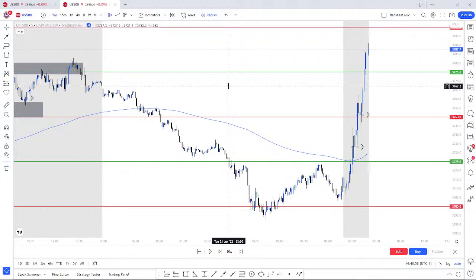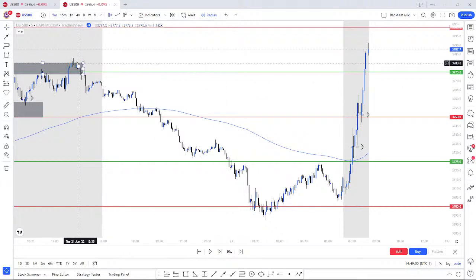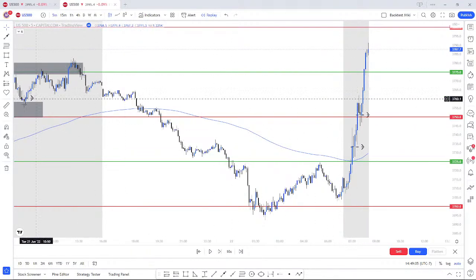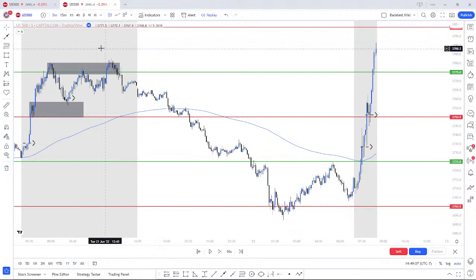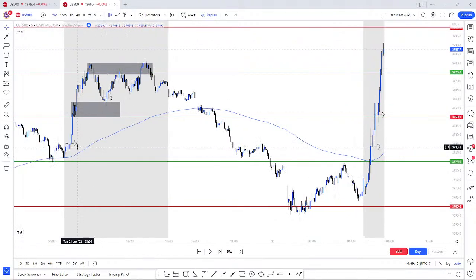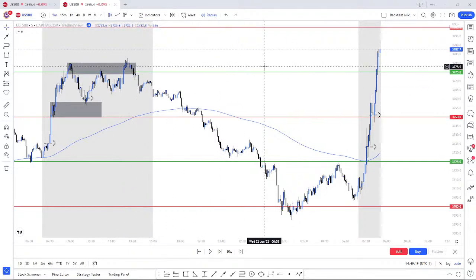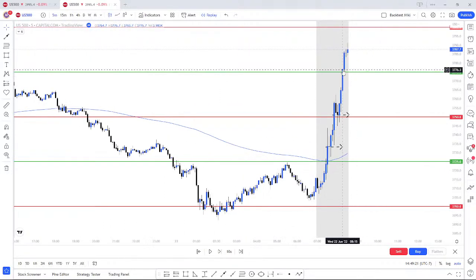If it's broken past the zone, it's useless now basically. So when this happened, this zone became useless. Only this one made sense for a short, but there was no short opportunity.